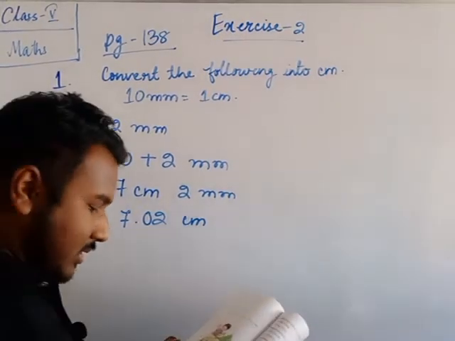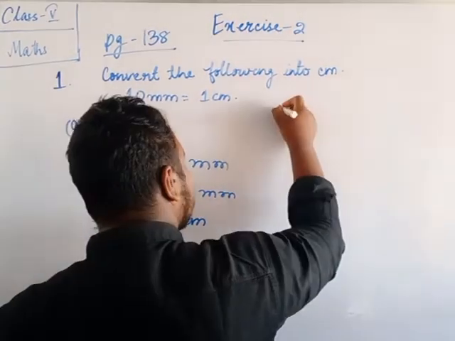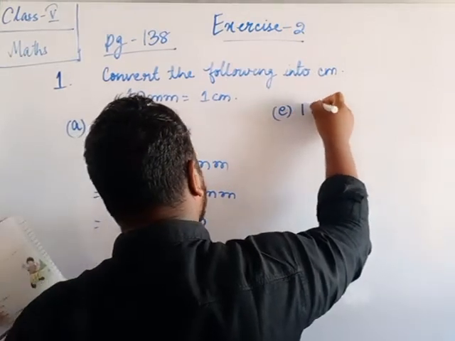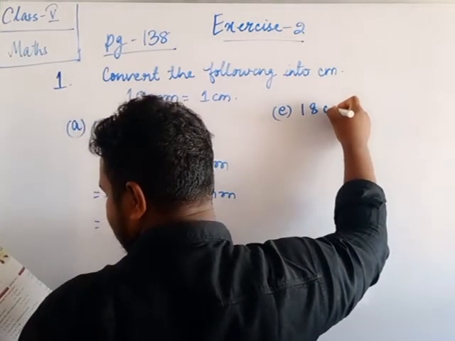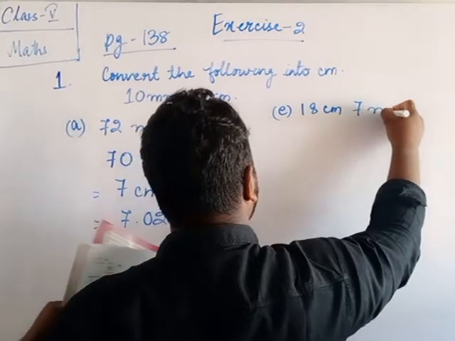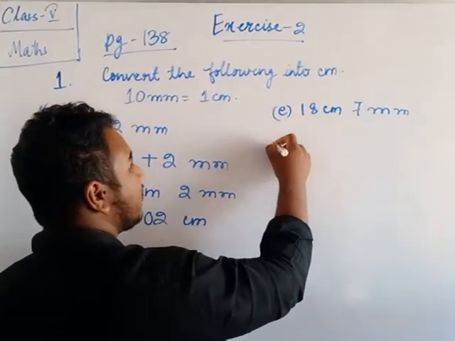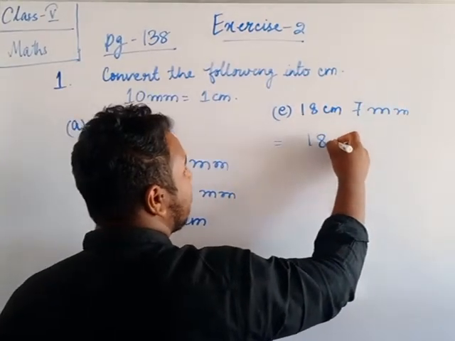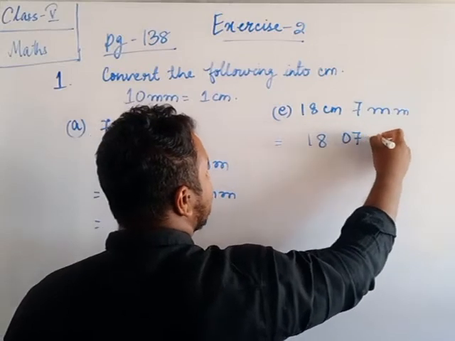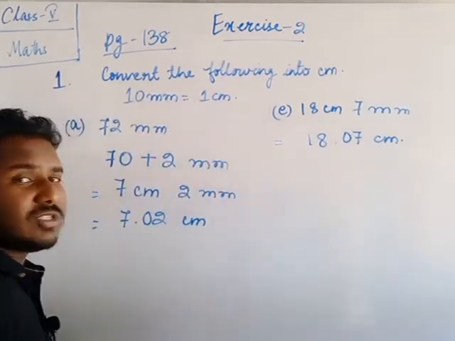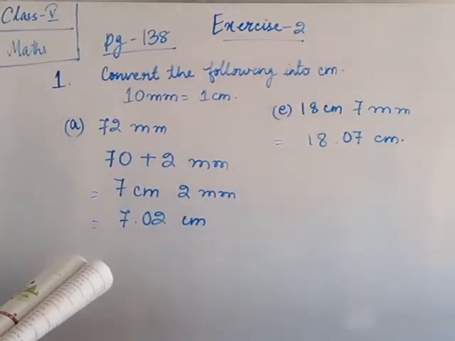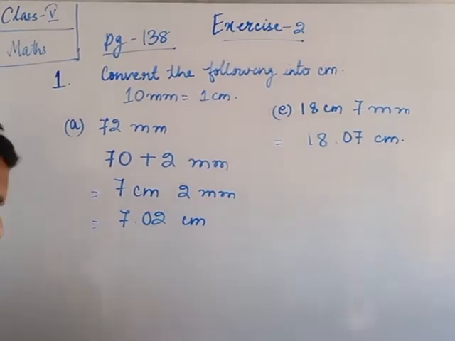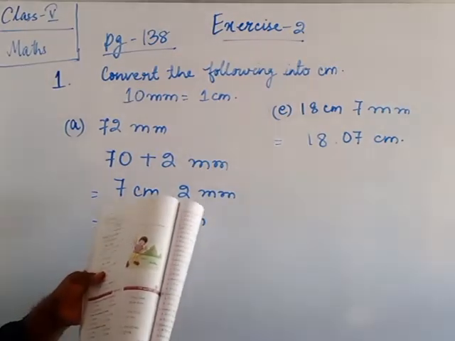Similarly, look at E number, 18 centimeter 7 millimeter. Nothing you have to do, simply write 18.07 centimeter. That's it. Very simple. If there are 2 digits, then only you have to change. Clear?